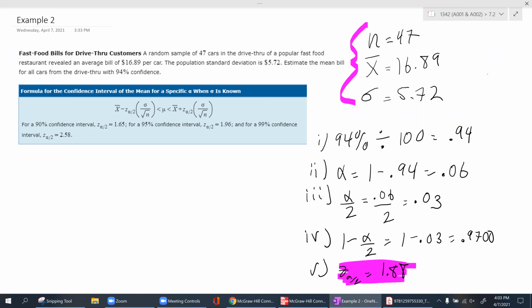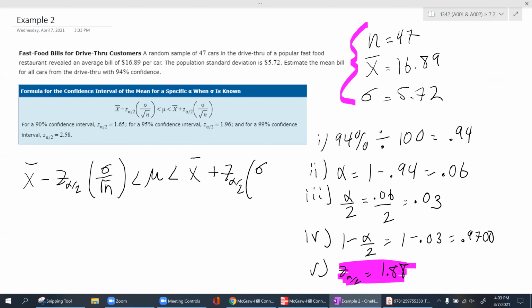So my formula here is going to be my mean minus that Z value that you found times, I'm sorry, sigma over square root of n, bounded by x bar plus Z value sigma over root n, all right? And if you realize, I have everything that I need.